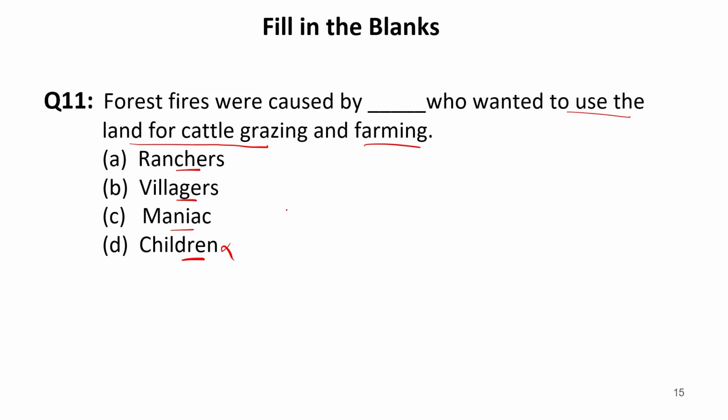Maniac is a person who is mad. So obviously he will not do cattle grazing and farming. Villagers and ranchers. Ranchers are the persons who graze cattle, who do cattle grazing and farming.